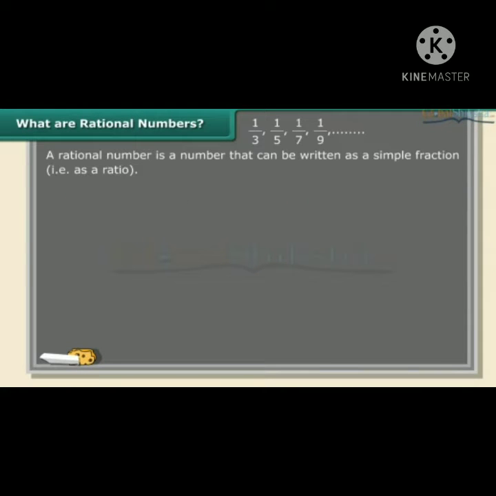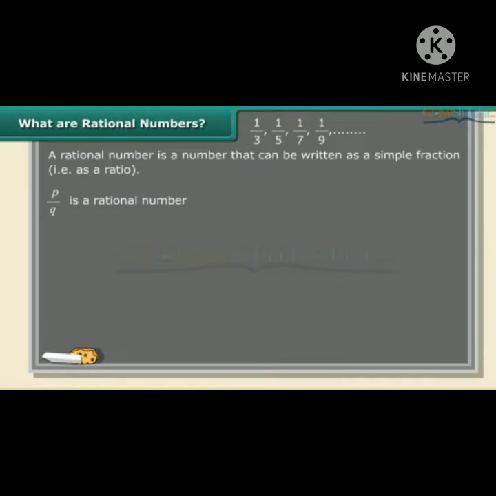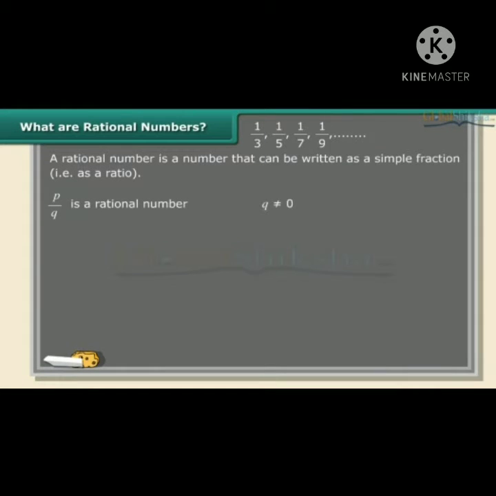A rational number is a number that can be written as a simple fraction, that is, as a ratio. P upon Q is a rational number, but the condition is Q is not equal to 0.